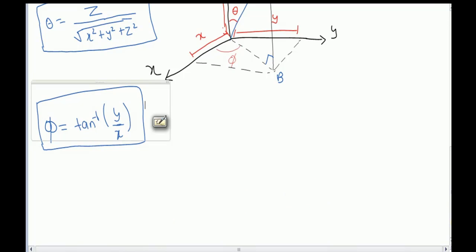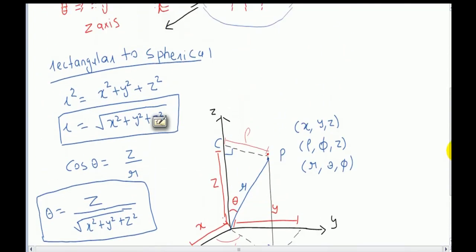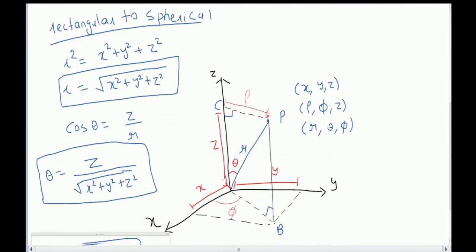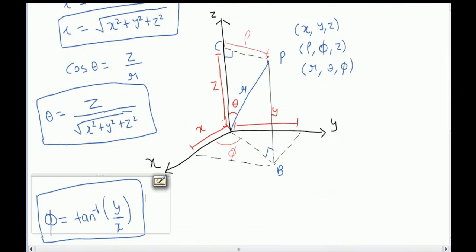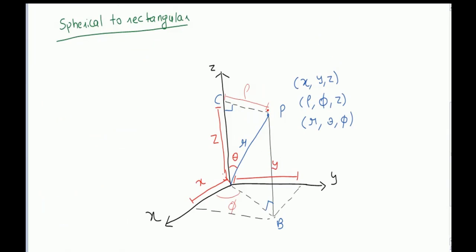Now if you want to do the opposite, that is from spherical to rectangular, then we will find x, y and z in terms of r, theta and phi.